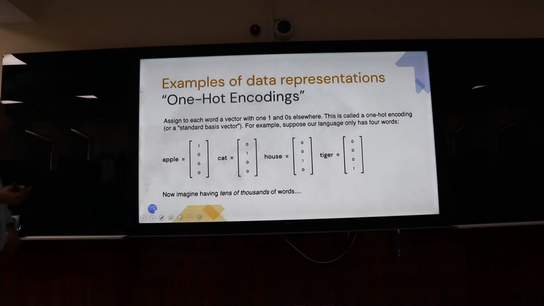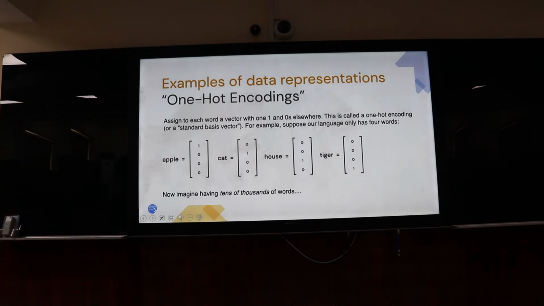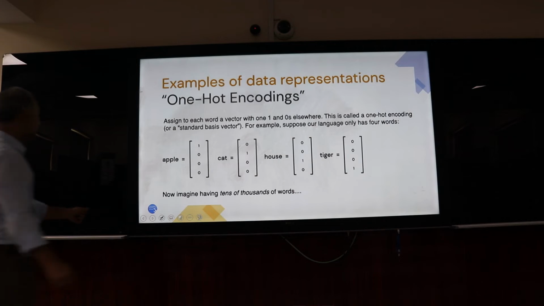Here we are talking about 4 words, so 4 elements in one vector, 4 attributes. One is highlighted, others are 0. So we need to generate a vector with tens of thousands of attribute values, where for one word it will be 1 and the other dimensions will be 0.